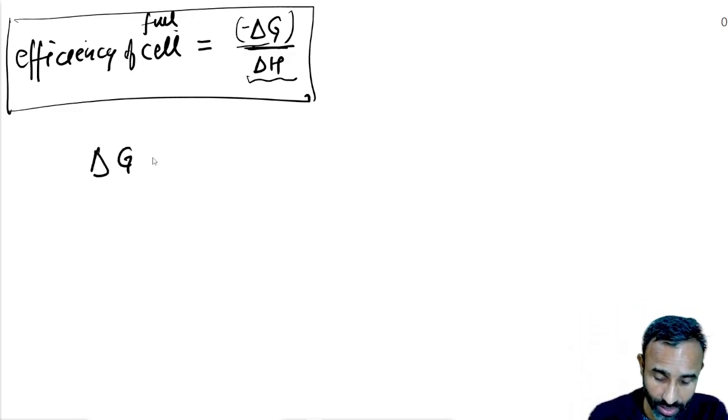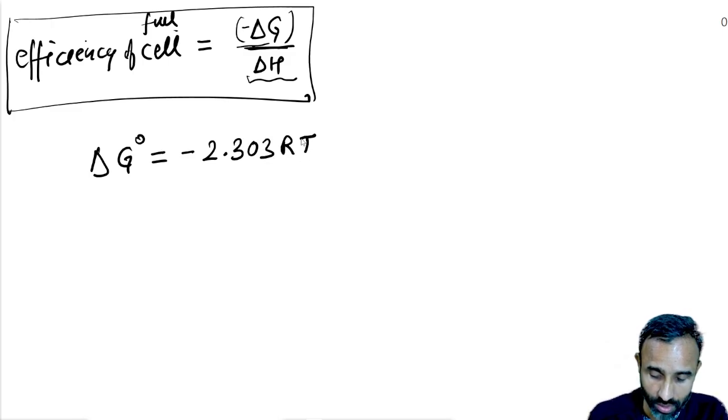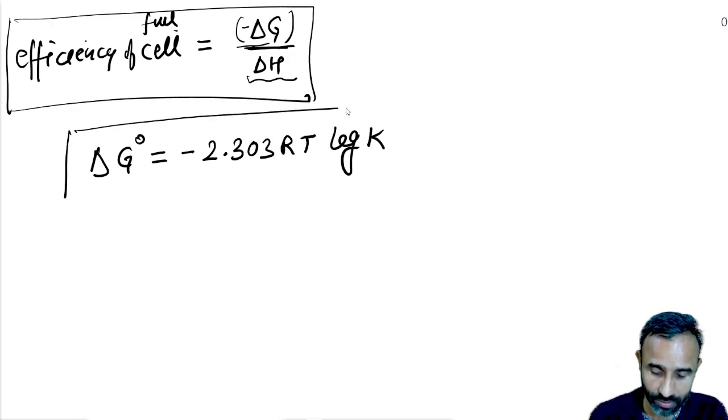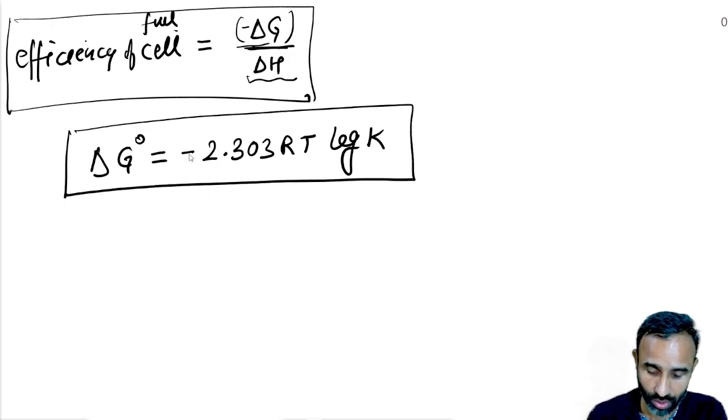So delta G naught is equal to minus 2.303 RT log K, where K is the equilibrium constant.